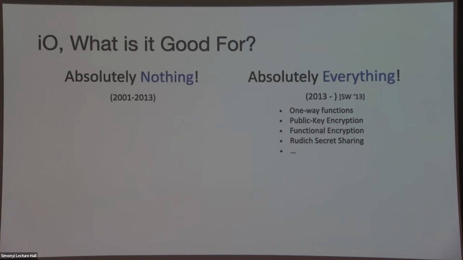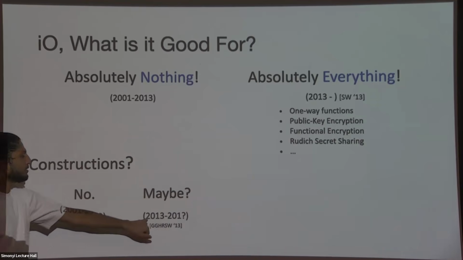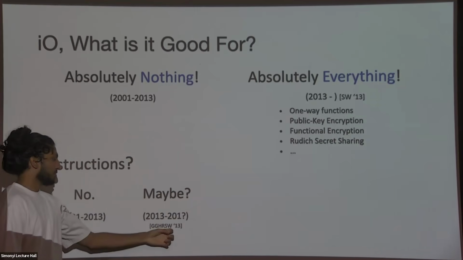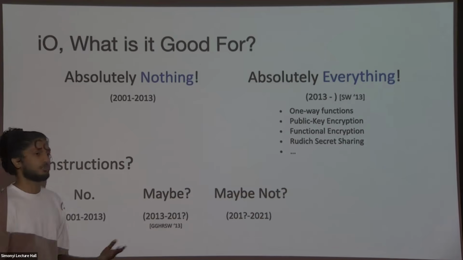Of course, we don't want it just to be useful. We want it to exist. The history of this is like, you had the rise and fall of the Roman Empire; here you have the fall and rise of indistinguishability obfuscation. We didn't have any constructions until 2013. In 2013, there was a breakthrough paper which gave the first construction, but there were a bunch of attacks.